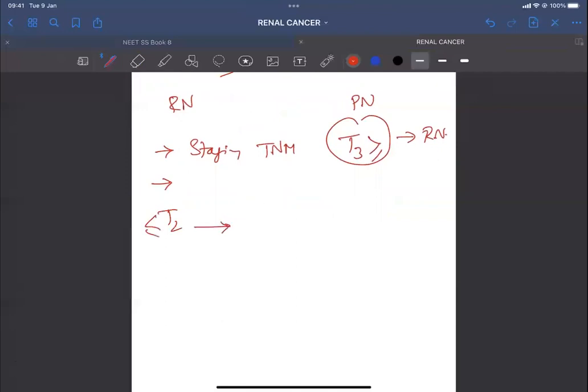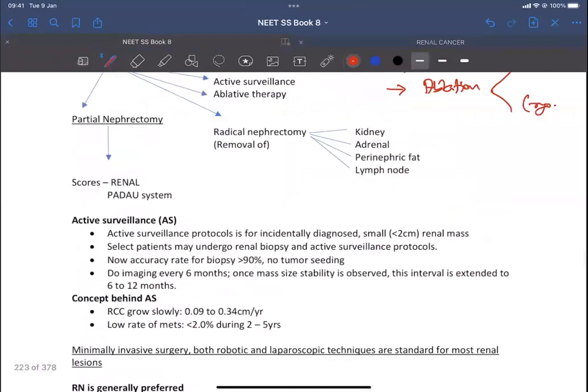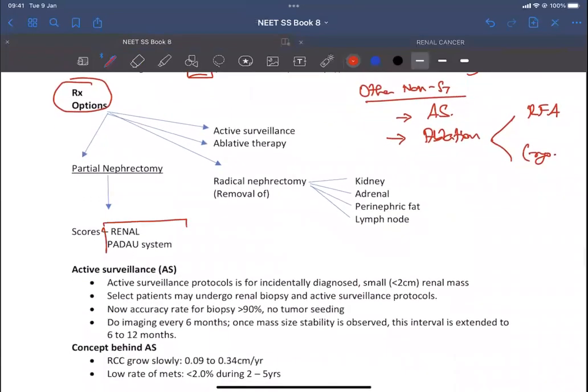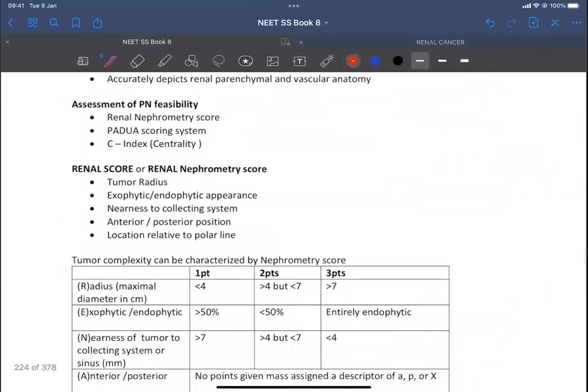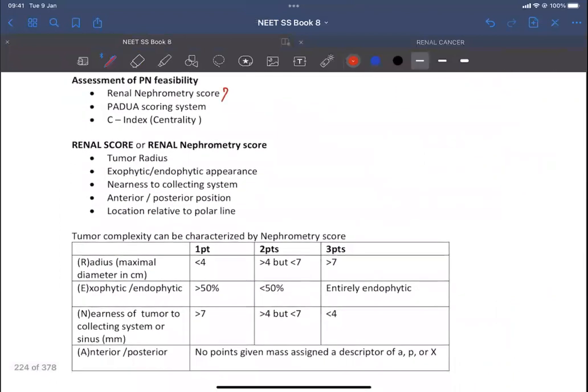T2 and below, then we need to risk assess to see if they can have a partial nephrectomy. So how do you do this risk assessment? That's where you get these scoring systems, the RENAL scoring system, the PADUA scoring system, and the centrality index. So you have different scoring systems to see if you can safely perform partial nephrectomy or not.